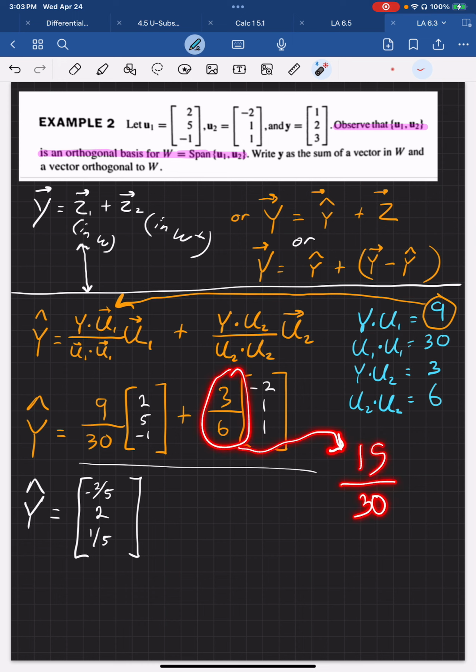Both are a half, but that would make it nice and neat when you start combining the fractions. So I hope that's legible. That's negative 2/5, 2, 1/5. All right, we have y hat.